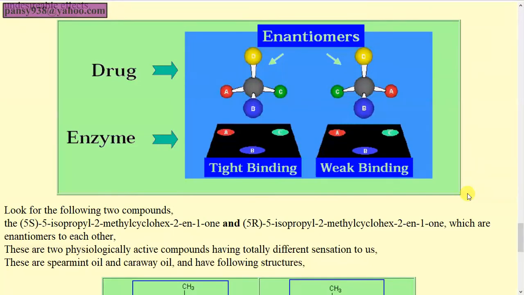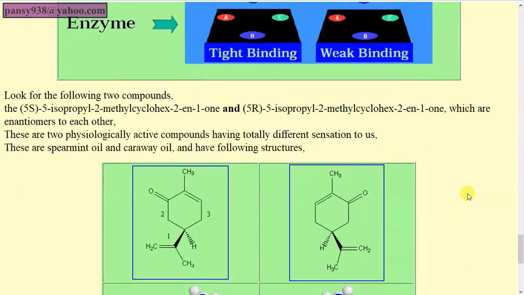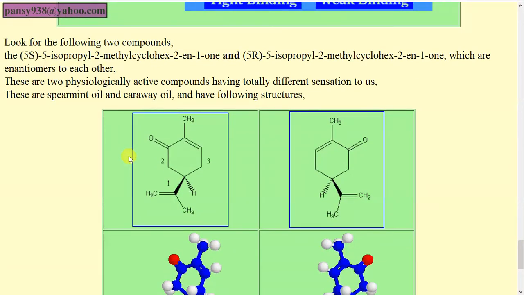There are many more examples which we can take. For example, here is a compound with different characters you see in your daily life. One of the compounds is present in spearmint oil and the second one is in caraway oil. Both have different physiological effects and sensations to us.